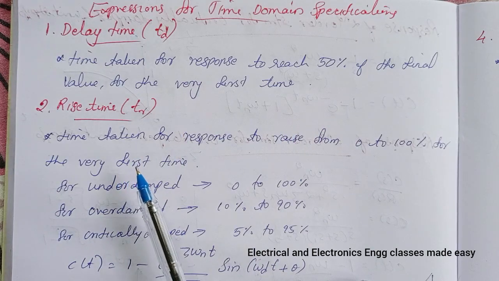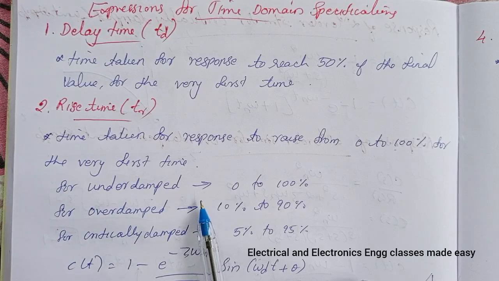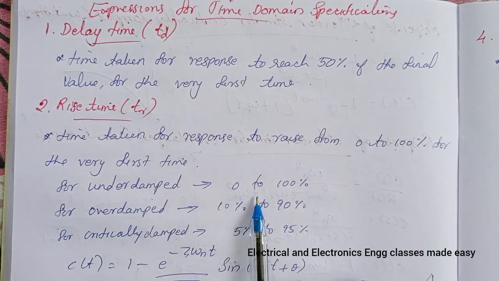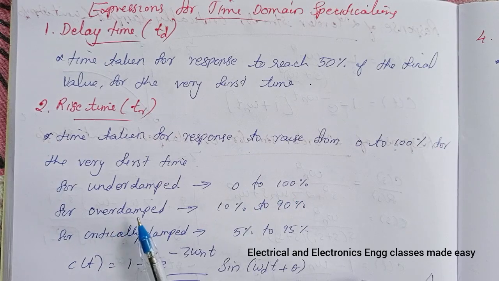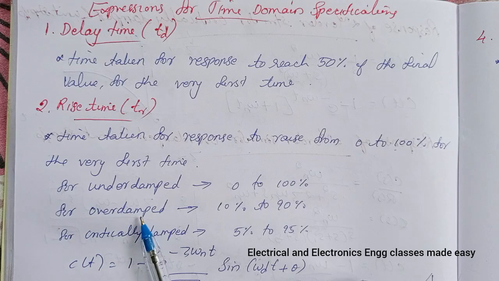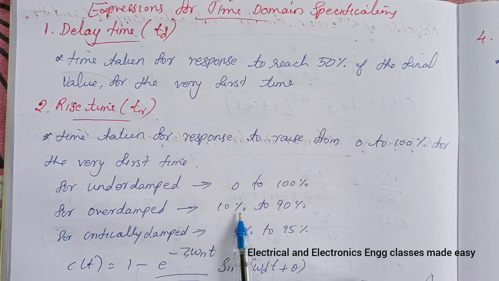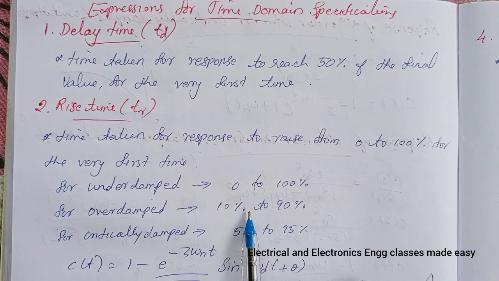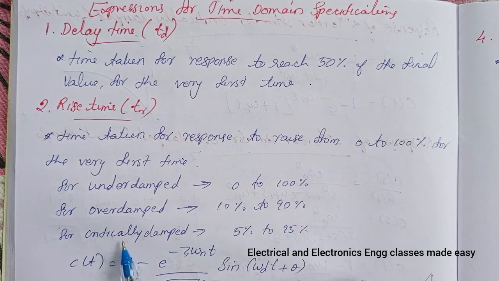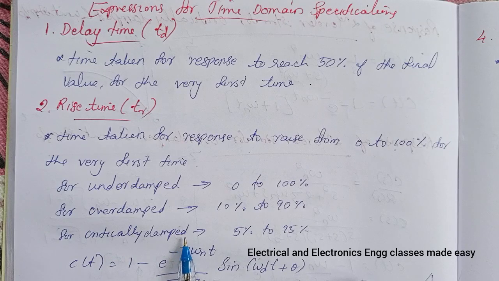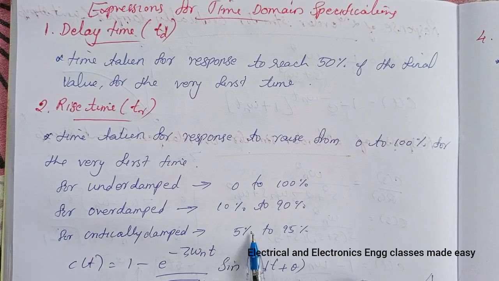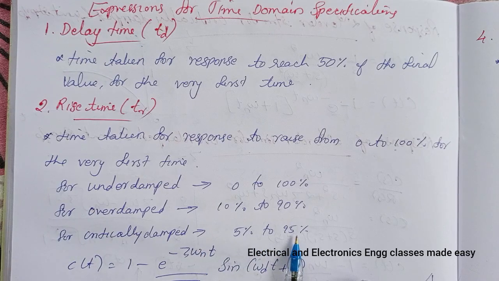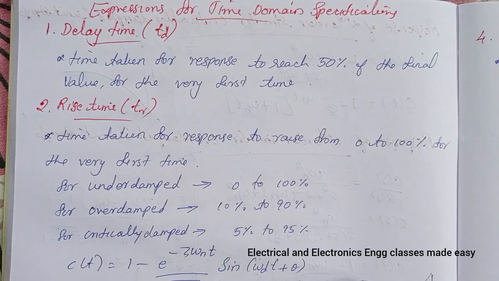For the underdamped system, the rise time is calculated from 0 to 100%. For an overdamped system, the rise time is taken by the response from 10% to 90%. And for a critically damped system, the time taken for the response to rise from 5% to 95% is taken.